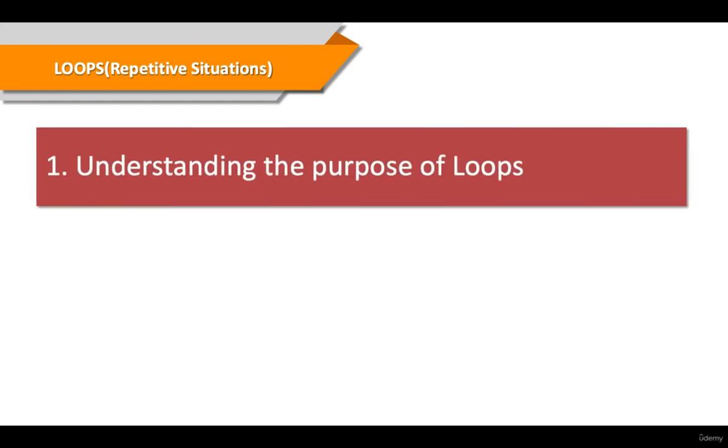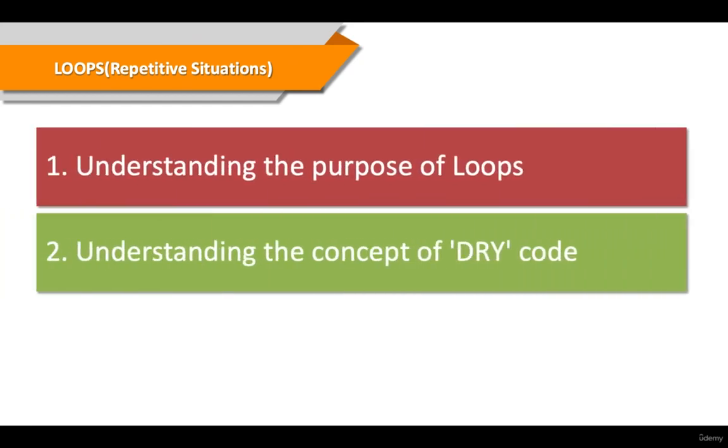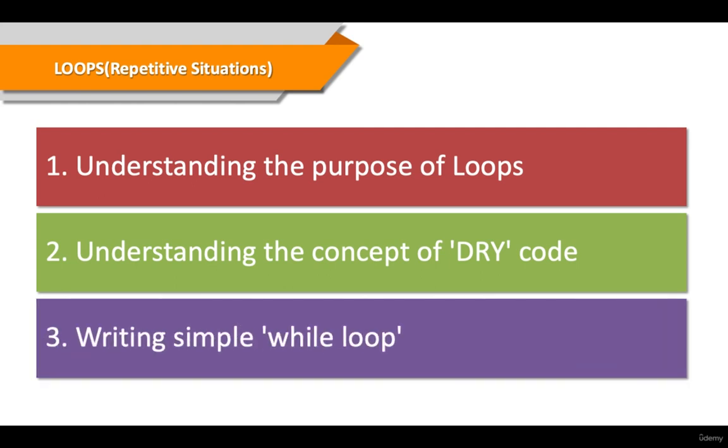Then we got into loops. We learned the purpose of a loop. We talked about DRY code as a concept, and we saw the syntax of a while loop as well as a for loop. Then we began to use functions.